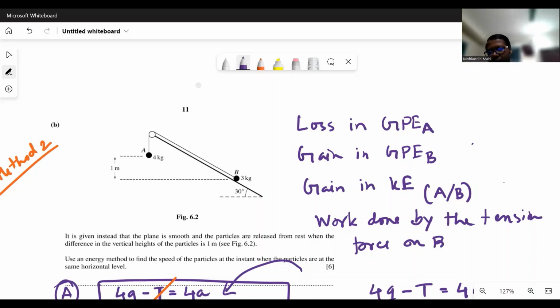We have all the energy changes that are possible in the system. We have listed it down, but the thing is, some energy we have considered repeatedly.